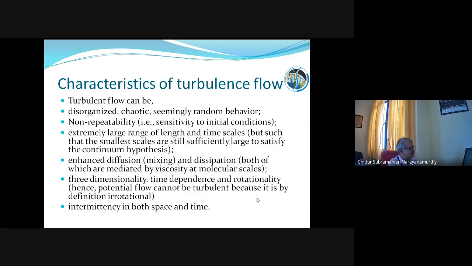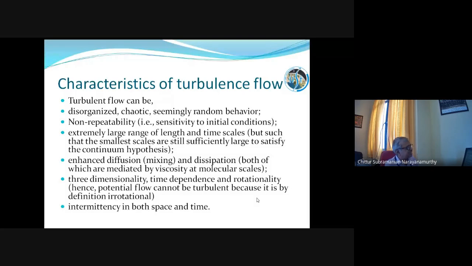What are the characteristics of turbulent flow? Turbulent flow can be chaotic, disorganized, with seemingly random behavior, and it is not repeatable. Depending upon the conditions, in summer at 2 o'clock there is one condition, at 2 or 3 o'clock another turbulence; it can change.